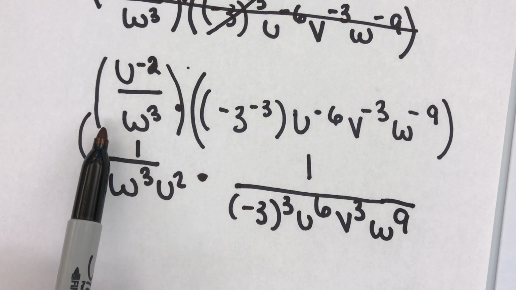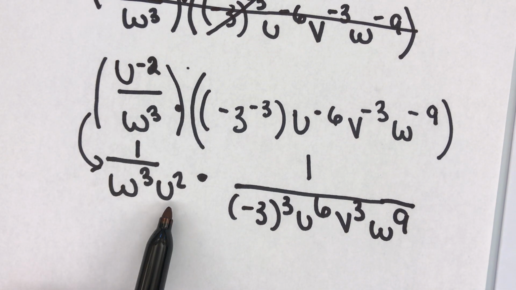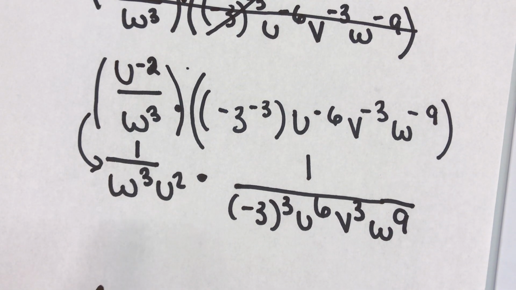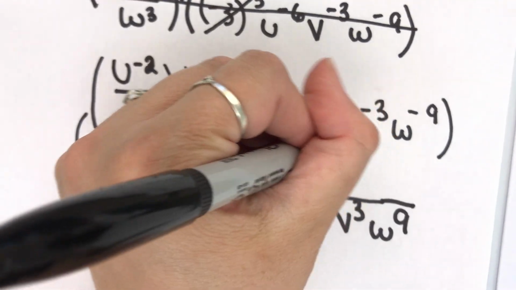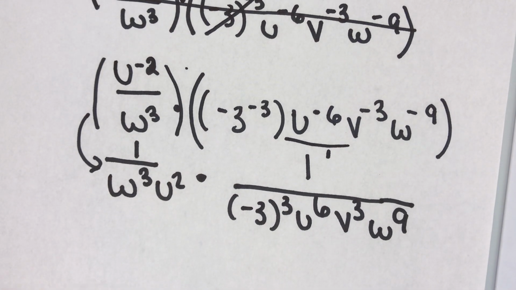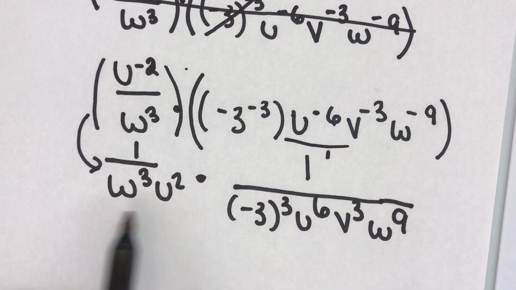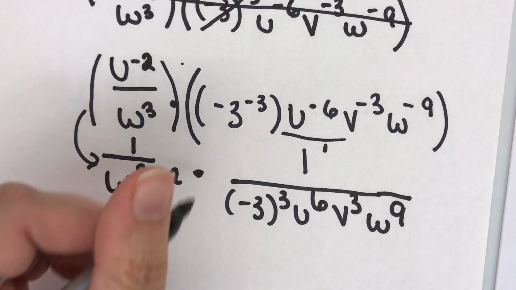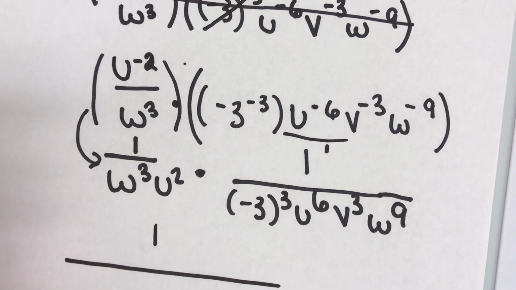So I rewrote the first fraction, moving down the U, which would leave the top empty. I can't leave it empty, so I put a 1 there. I also pretended there was a 1 under the second fraction, and I moved everything to the bottom. And now I would need to multiply the two fractions together. And to multiply two fractions, you do the top first, so 1 times 1 is just 1.